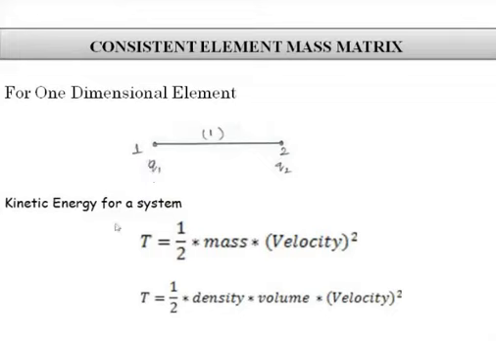The kinetic energy for the system is given by half mv square, where m is mass and v is the velocity. So mass can be written as density into volume.